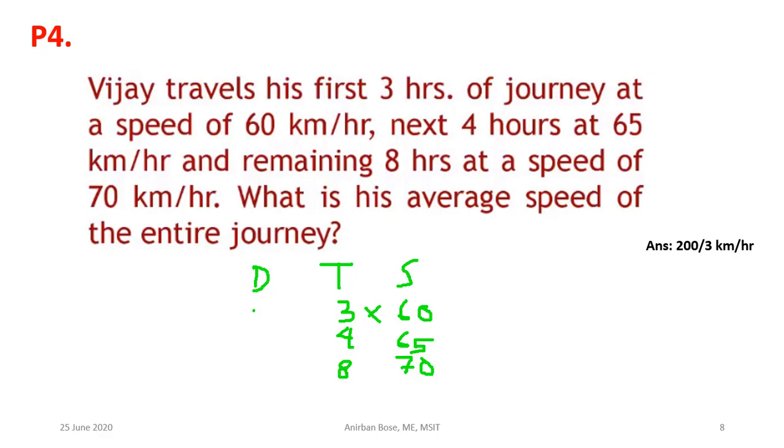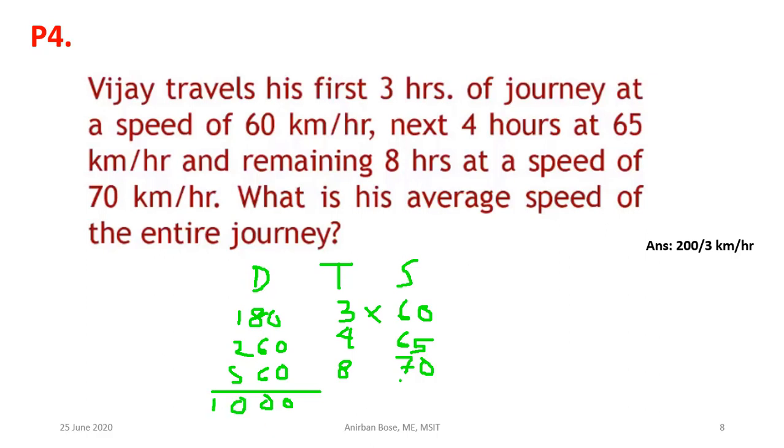You know distance. So the distance traveled is 180, then 4 into 65, that is 260, then 8 into 70, that is 560. Okay, and find out what the total is. So it is 1000.